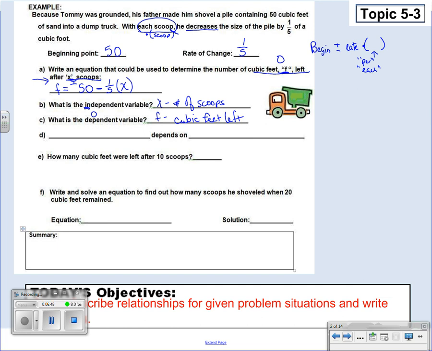If I look at my equation, we see F equals, the equals we can think of as depends on, and then X is the variable on the inside. So this will help with part D. F is our cubic feet left. And X is our number of scoops.